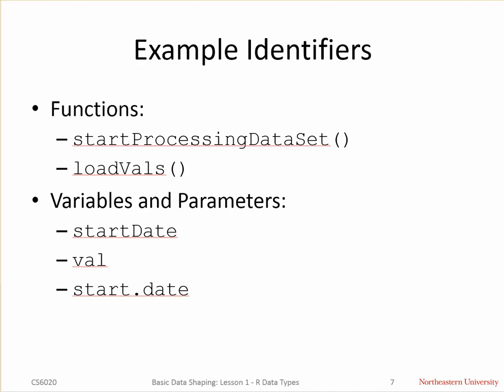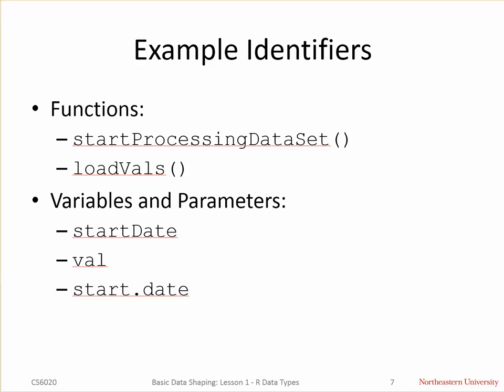For functions, let's say startProcessingDataSet would be a good identifier. It starts with a lowercase letter and then uses a mix of upper and lowercase letters to separate the different parts of the name. Or loadVals would be another example. Variable names and parameter names, startDate, val, start.date, which would be using the period separation mechanism, are all perfectly legal.